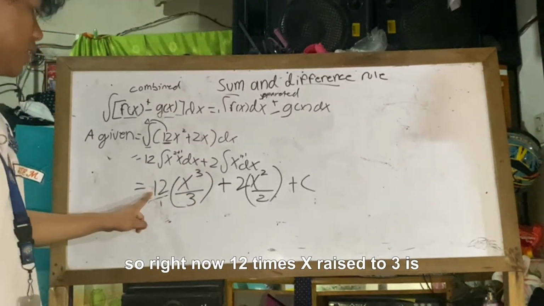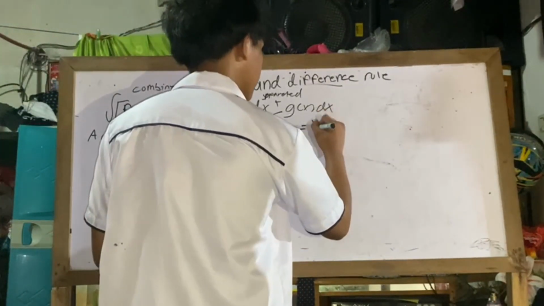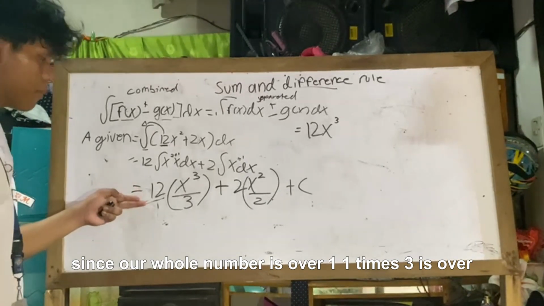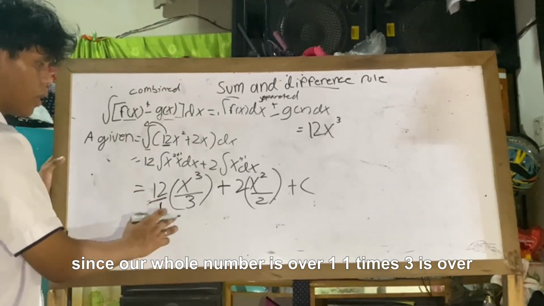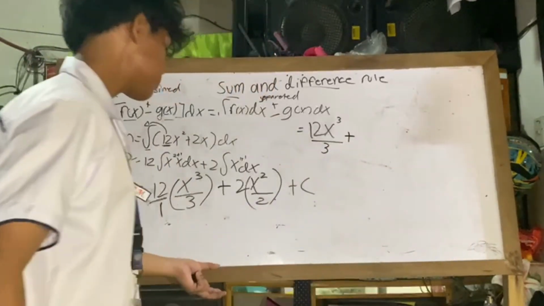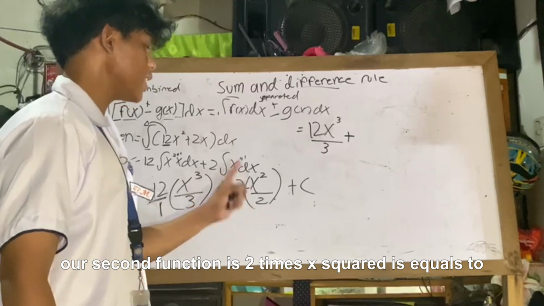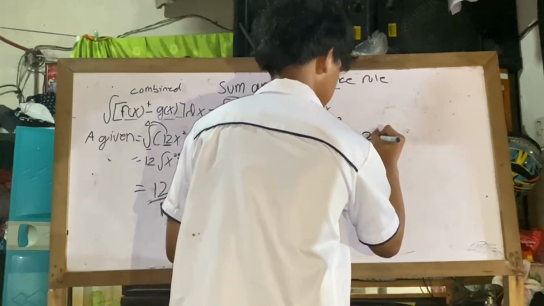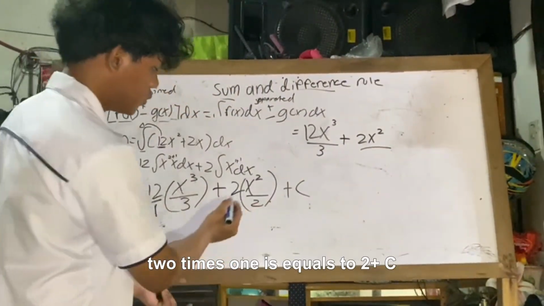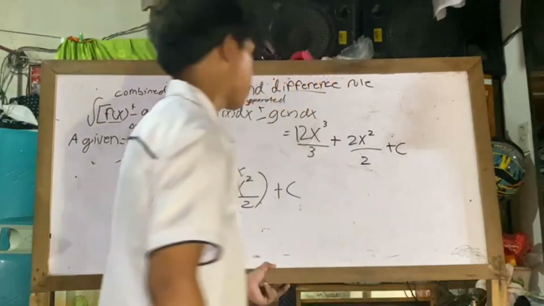So 12 times x raised to 3 is 12x cubed over, since our whole number is over 1, 1 times 3 is 3, plus our second function, 2 times x squared, is 2x squared over 2 times 1, which is 2, plus c.